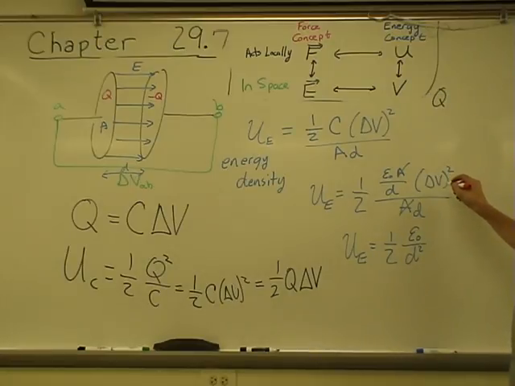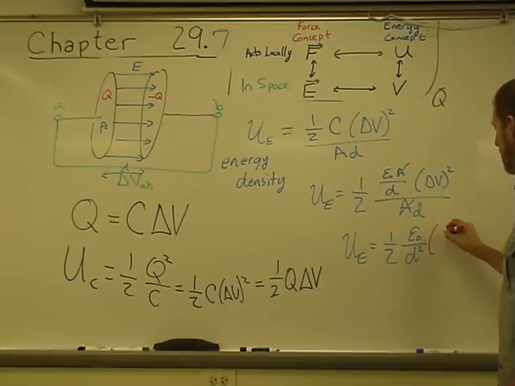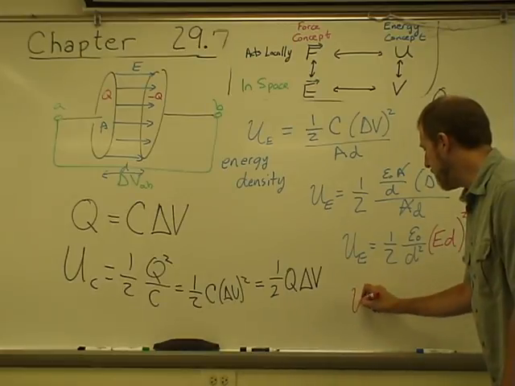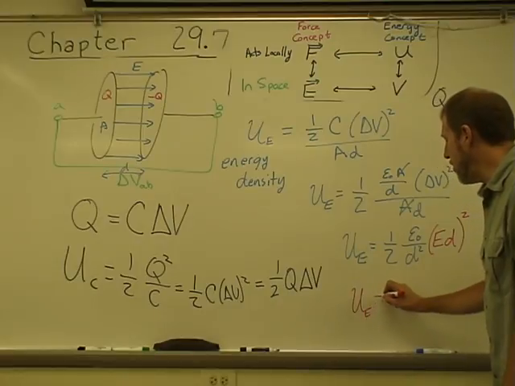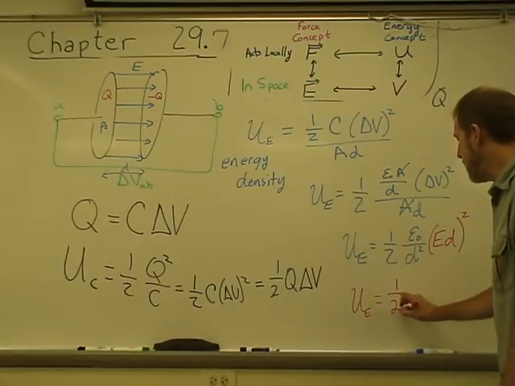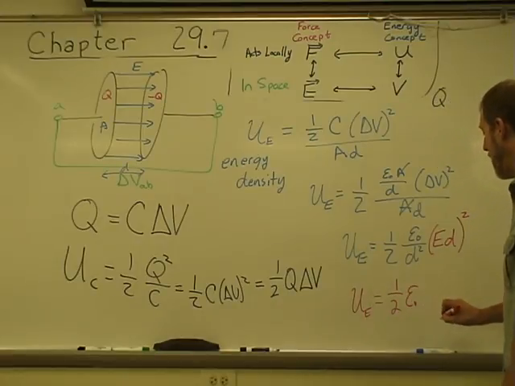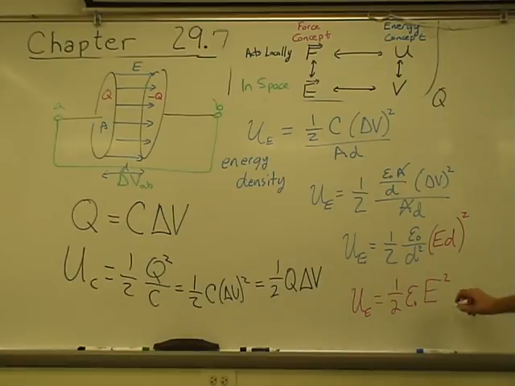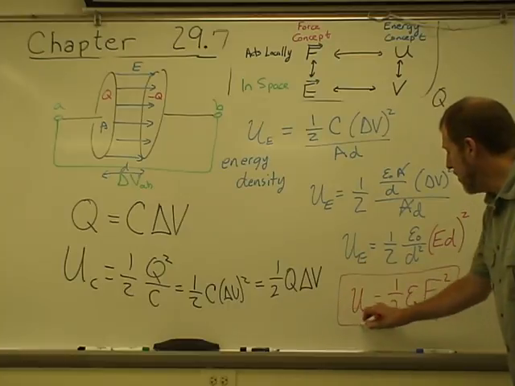Well, delta V, the change in potential, is just ED. So that's the electric field times the separation squared, or the energy stored in a region of space is equal to 1/2 epsilon naught times the electric field in that space squared.